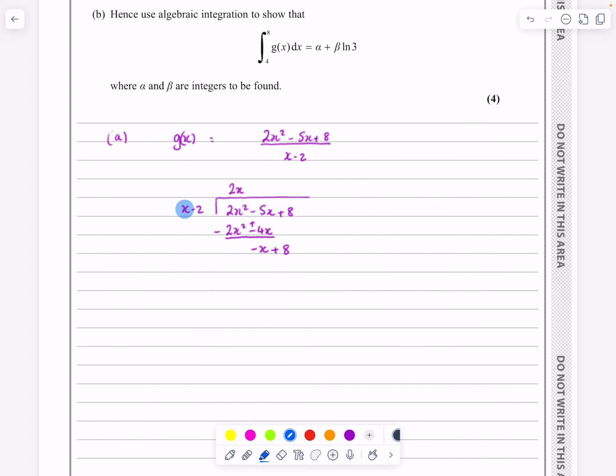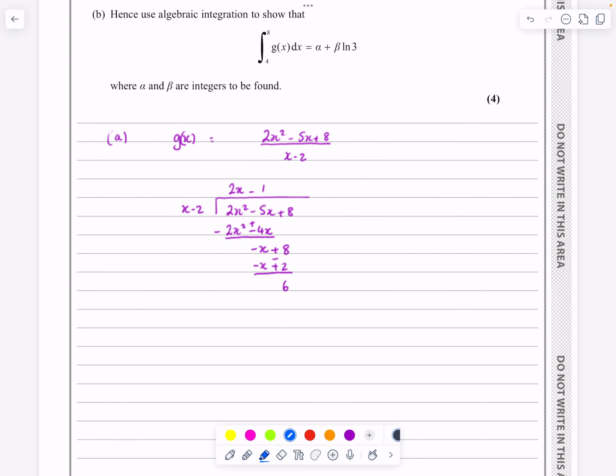and then we do exactly the same thing again. How many times does x go into minus x? We nearly finished the process by doing that. It goes in minus 1 times. Minus 1 multiplied by this thing here is going to give me minus x plus 2. We then subtract that again, and when we subtract that, the x's cancel, but 8 minus 2 leaves me a remainder of 6.